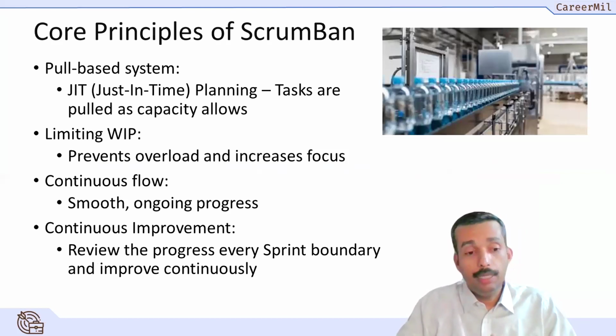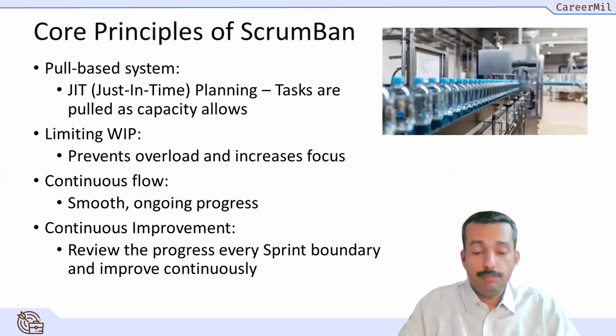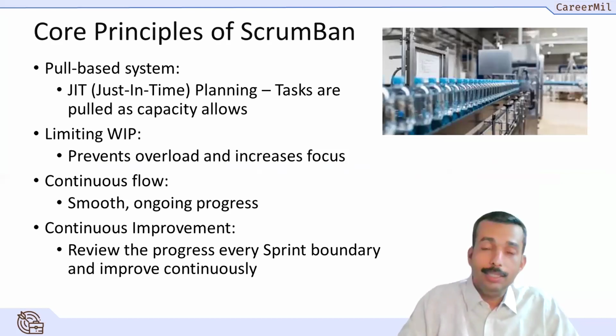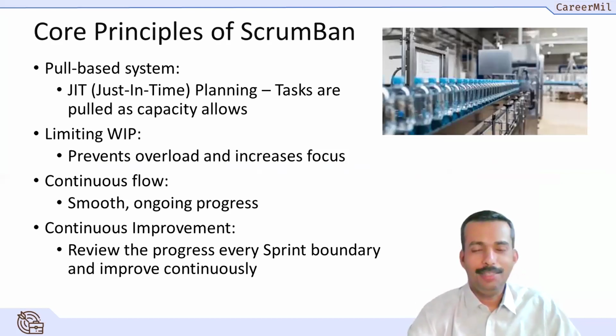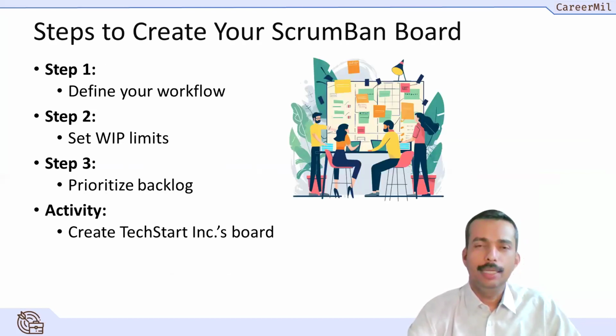And how do we look at the entire sprint from a sprint boundary perspective, and from the perspective of the stakeholders, to get feedback as a team to improve our ways of working on a continuous basis, right? So that is how ScrumBan really helps in our context.